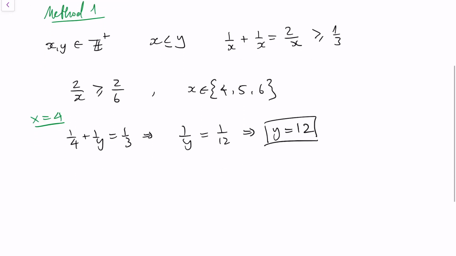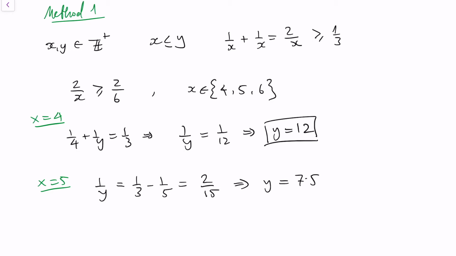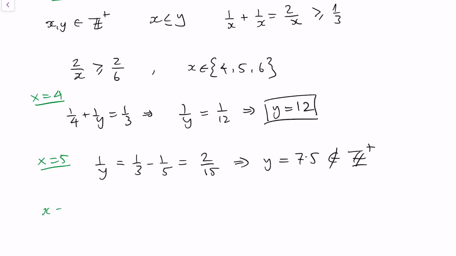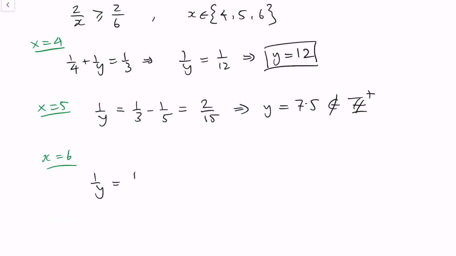And now the next thing is x is equal to 5. So if x is equal to 5, we have 1 over y is equal to 1 over 3 minus 1 over 5, which is equal to 2 over 15. So that implies y is equal to 7.5, which is not an element of positive integers, so we ignore that solution. Lastly, x is equal to 6. 1 over y is equal to 1 over 3 minus 1 over 6, which is 3 over 18, which is equal to 1 over 6.